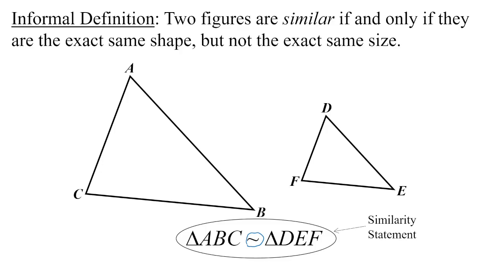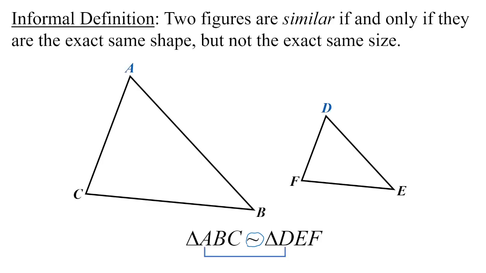Now, like the congruence statement, the similarity statement is written so that the corresponding vertices are in the same order. Therefore, point A corresponds with point D, point B corresponds with point E, and point C corresponds with point F.